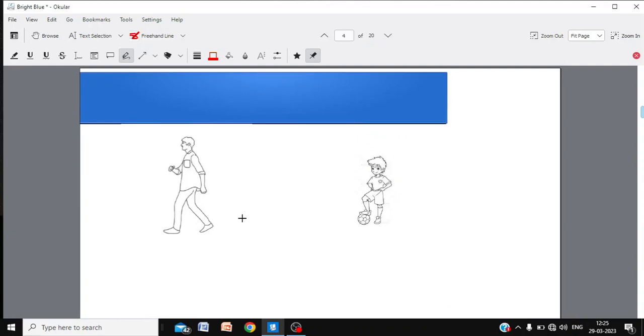So here we have one example. We have shown a father and a child, right?